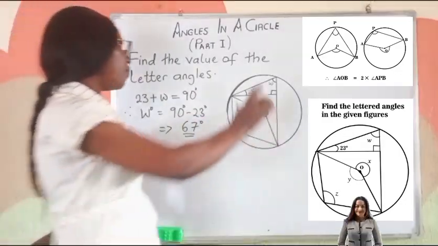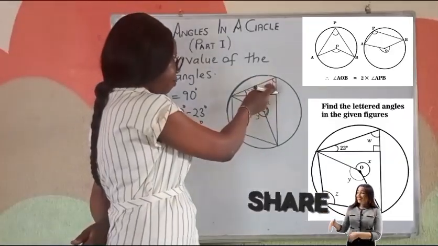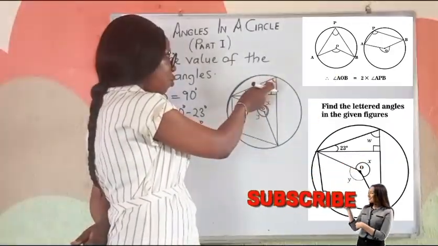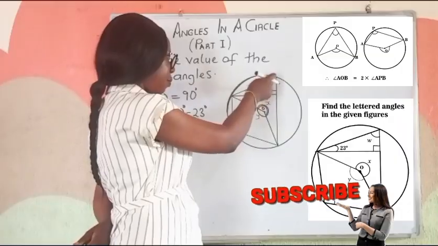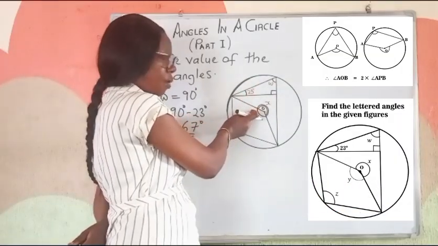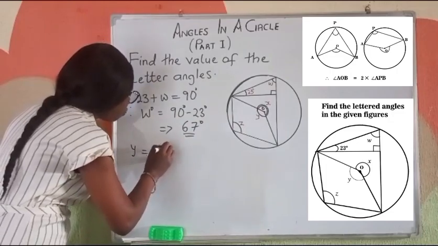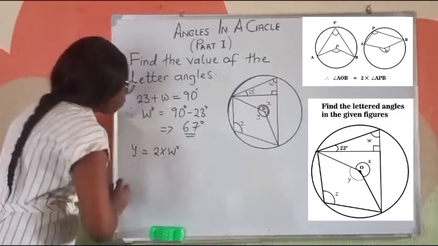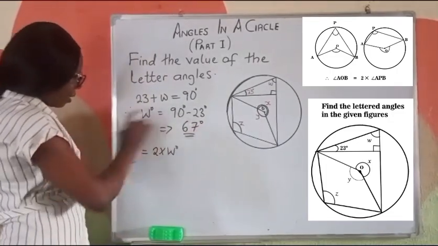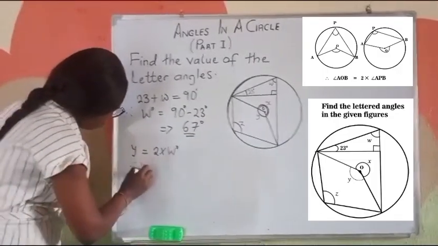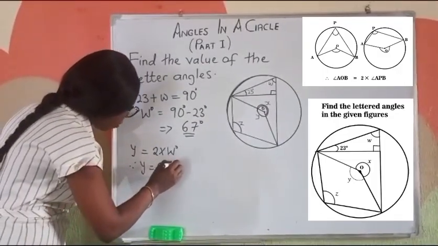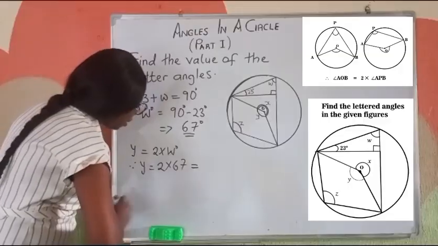We have gotten this acute angle 67 degrees. Twice this acute angle is equal to this obtuse angle Y. Therefore, Y is equal to 2 times W, and then angle W is 67. Therefore, Y is equal to 2 times 67, which gives us 134 degrees.